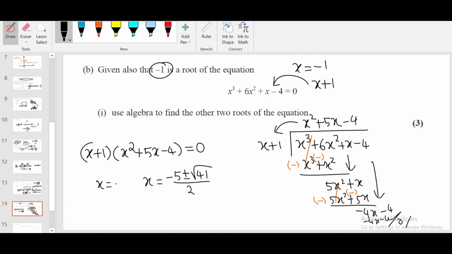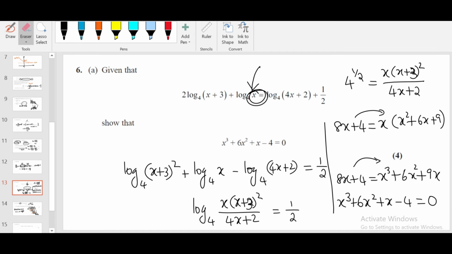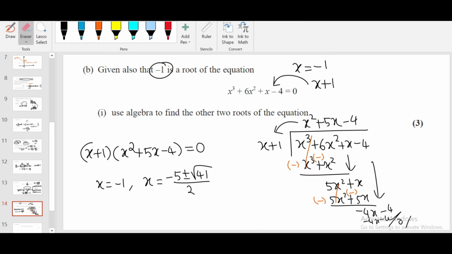Now here we are solving it from the logarithmic equation, so x has to be positive, cannot be negative, right? It's not just a cubic equation, right? We framed it from the logarithmic equation, so we don't take the negative value, we take only x is equal to minus 5 plus square root of 41 over 2.